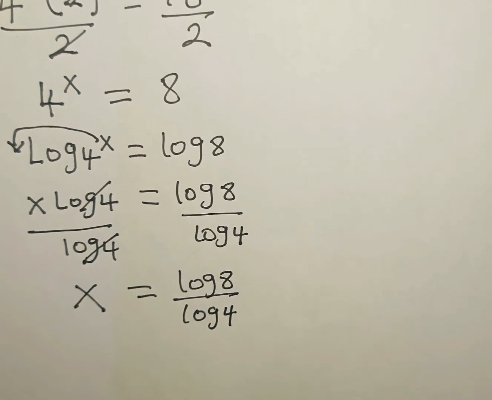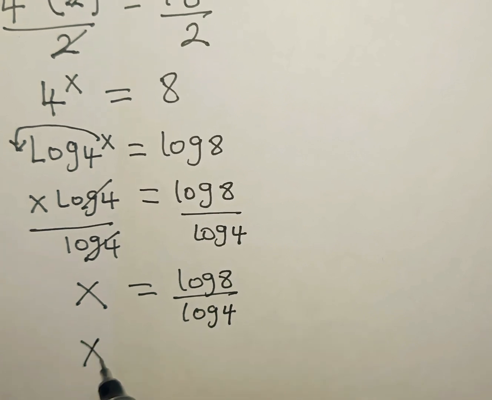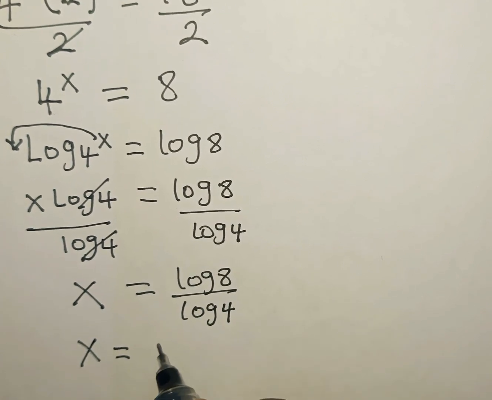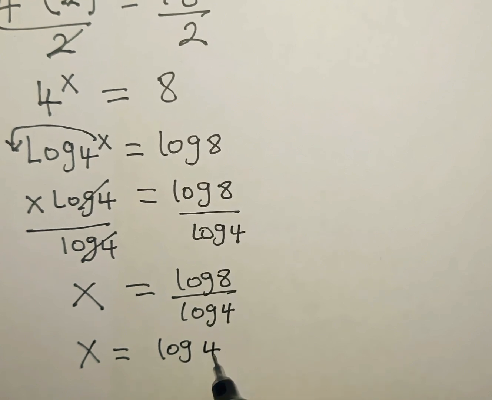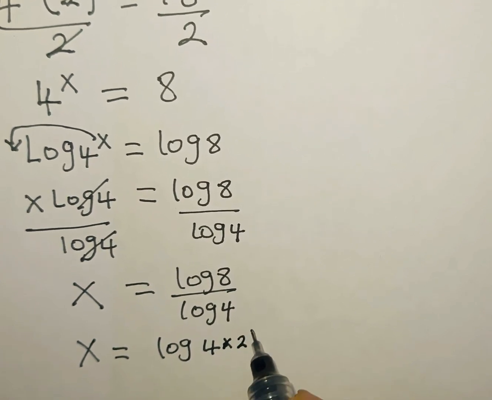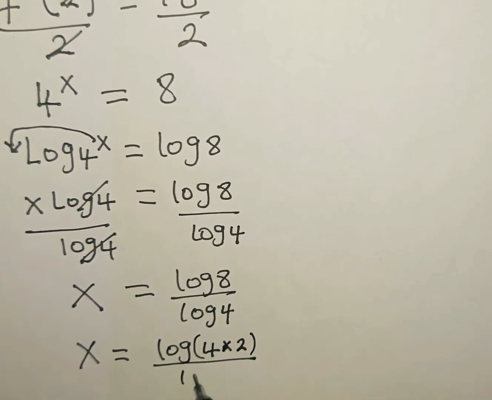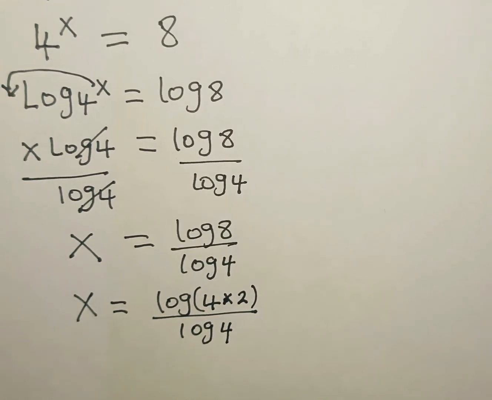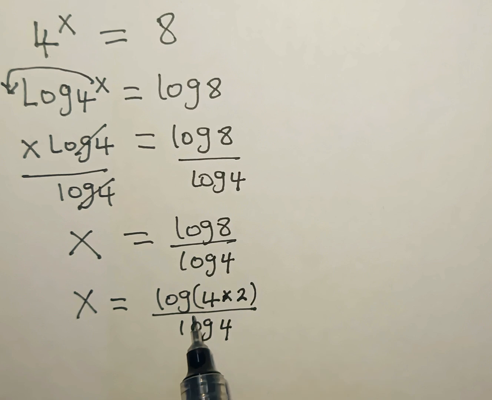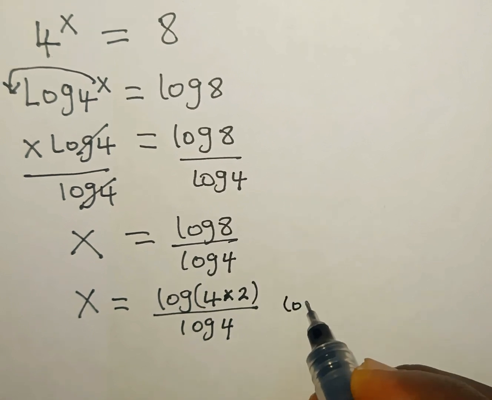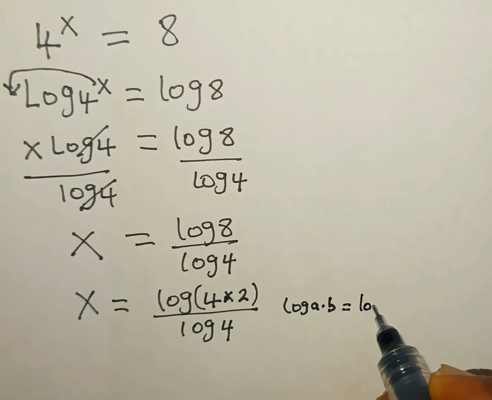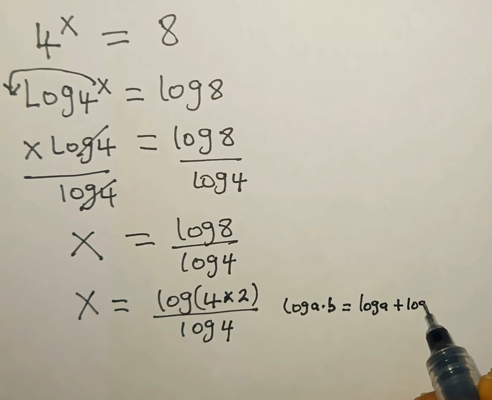So this is the value of x, but we are not going to stop here. We are going to simplify further. So x now will be equal to log of 8. This 8 can also be written as 4 multiplied by 2, then all over log of 4. And when you recall multiplication property of logarithm, when we have log of a multiplied by b, this is the same as log of a plus log of b.